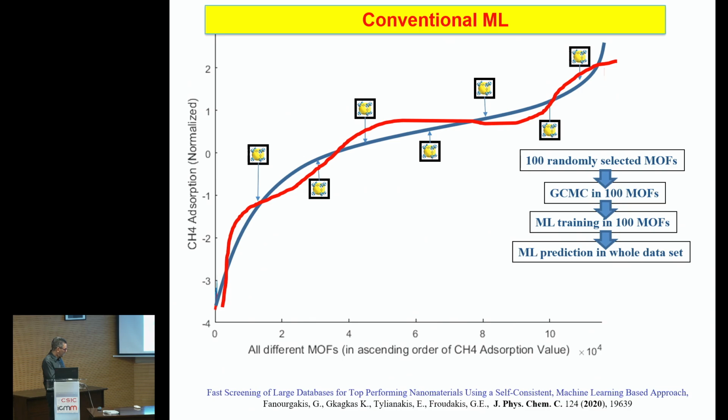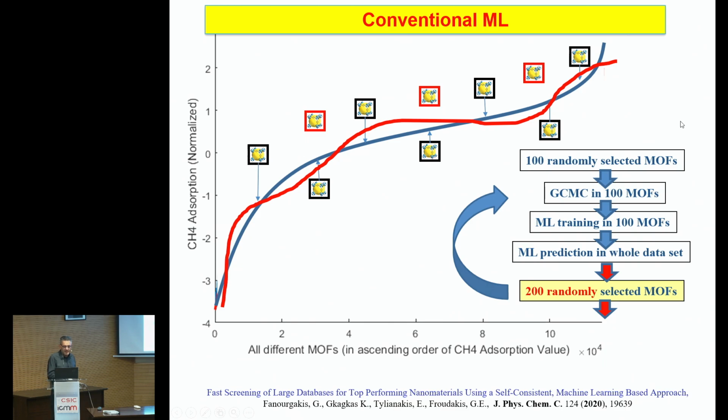We identify 100 MOFs, we calculate the gas absorption with a Monte Carlo simulation, and then we use this data to train the ML and to make a prediction. Let's say that the prediction is this red line. Then we do it with 200 MOFs, then 300 MOFs and 400 MOFs until it stops. And this is the way that we have used it up to now.